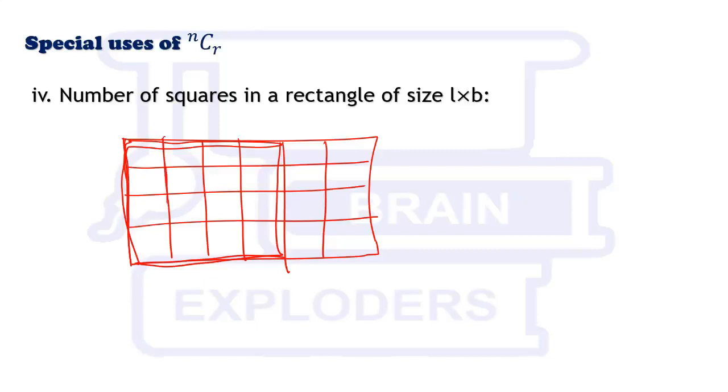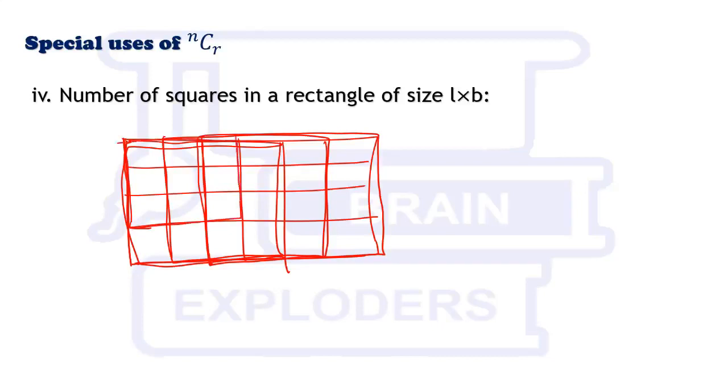Next square is just here, this one, and then the next one is like this. Then a square of just smaller size is here, this one.